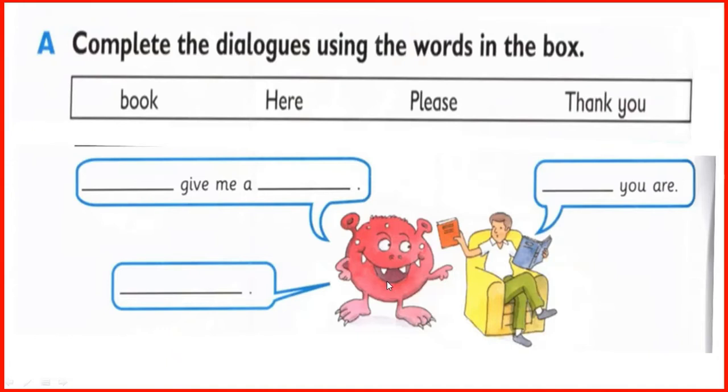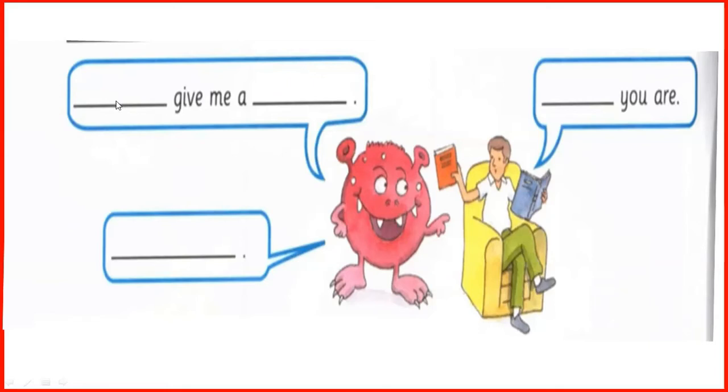Then the monster becomes very happy. He replies, thank you. They are the dialogues between the monster and that person. The monster asked that person, please give me a book.